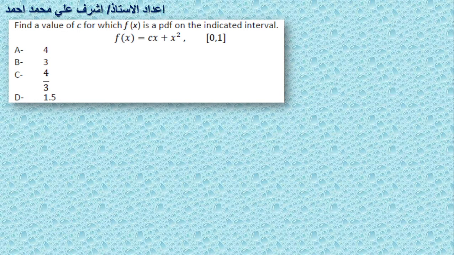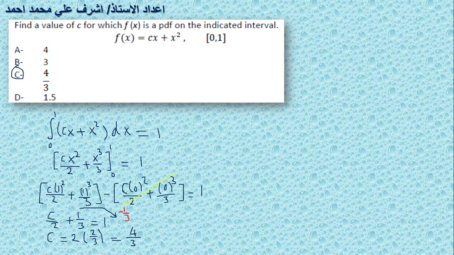Now, the important condition to be a PDF: the integral from a to b of f of x dx equals 1. So we'll apply this condition. The integral from 0 to 1 of cx plus x squared dx equals 1.